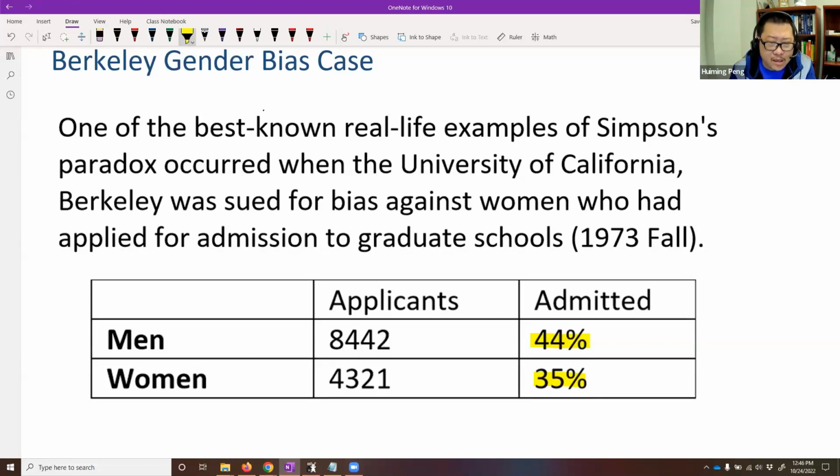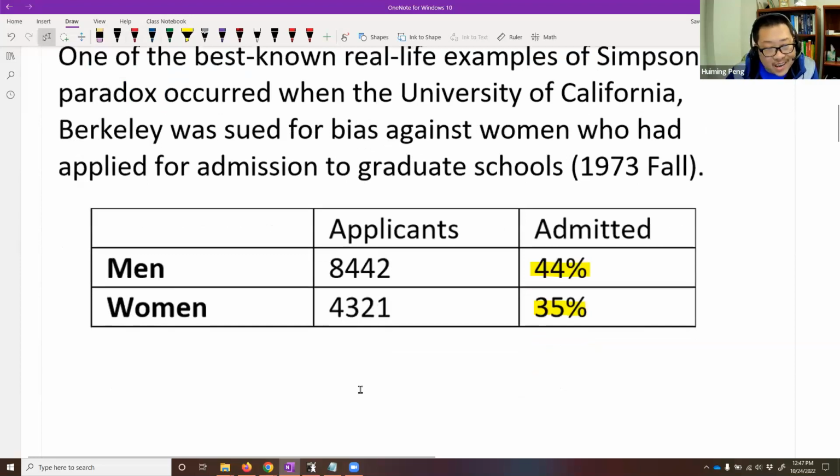Probably this school is unfair, is discriminating against female students, because 35% is much lower than 44%. If we got the same percentage, that would be the best, of course, that's fair. But this time we have only 35%.